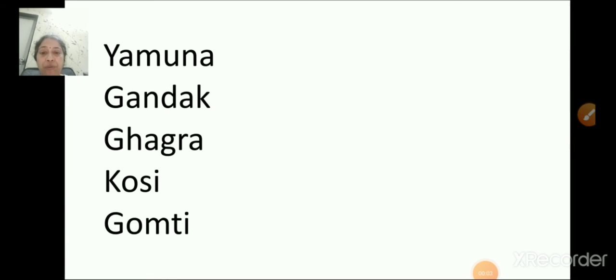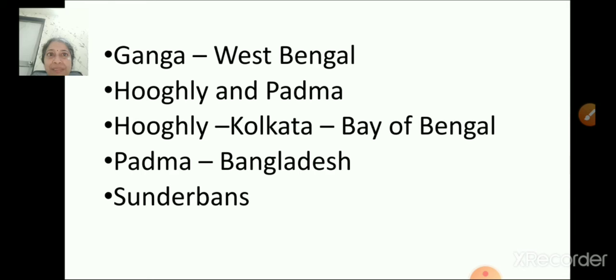After flowing through Uttar Pradesh and Bihar, the Ganga enters West Bengal. Here, it splits into many branches or distributaries.